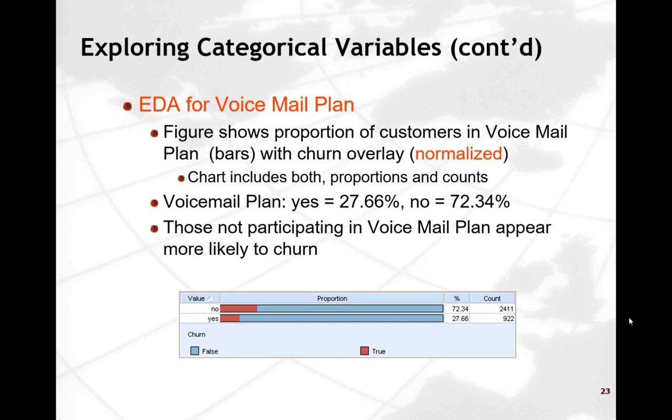So not having a plan increases the proportion of churn, or makes it easier for people to churn. So the takeaway is that having the voicemail plan helps people stay, or it probably provides some value to those who have it, so that the percentage churn reduced.